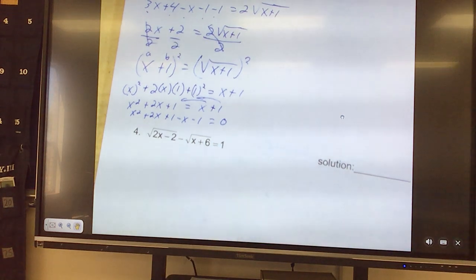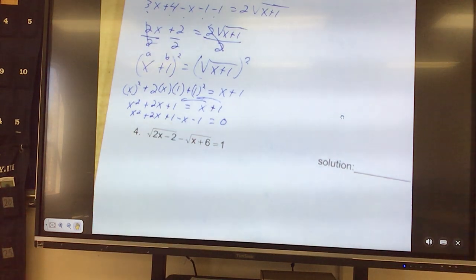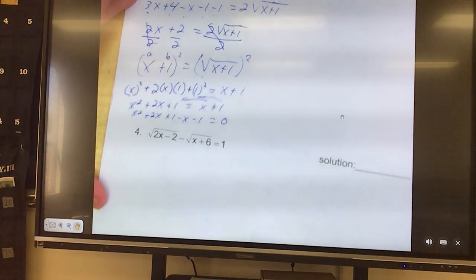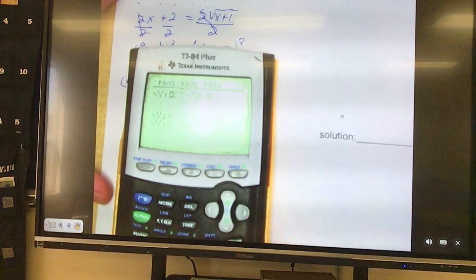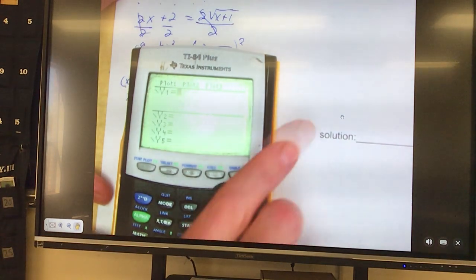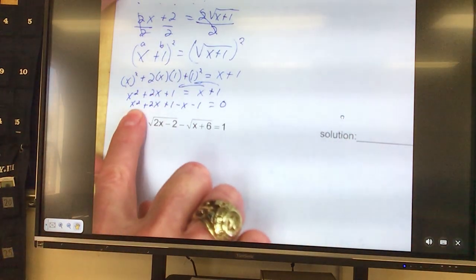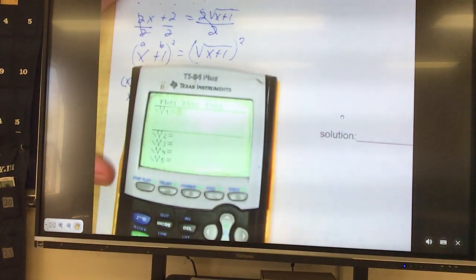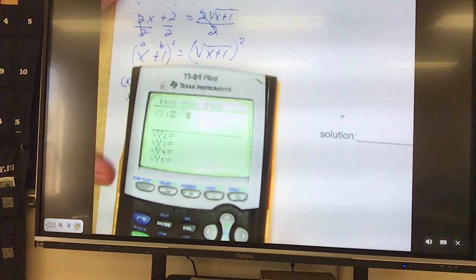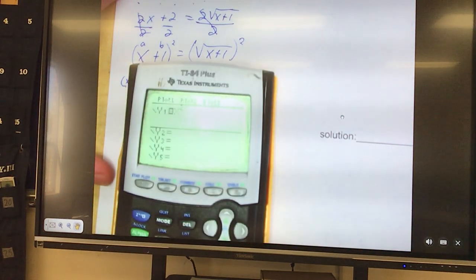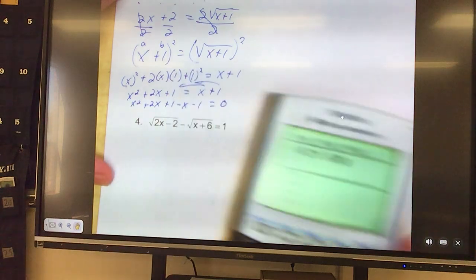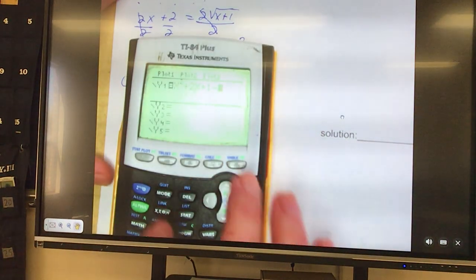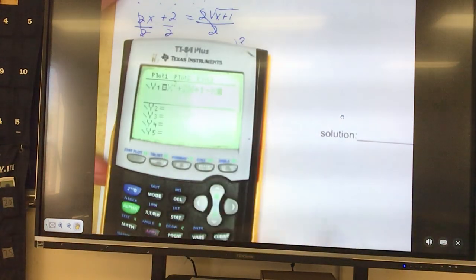Okay? So let's go and find that by just plugging that into our calculator and graphing it. So here we go, we crank up our calculator, go to our graph, clear, and we'll always graph anytime there's an x squared that I can't get rid of, and then we set it equal to 0. So I have x squared plus 2x plus 1 minus x minus 1.